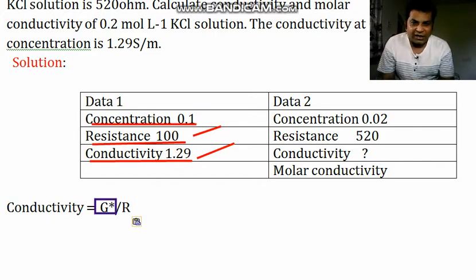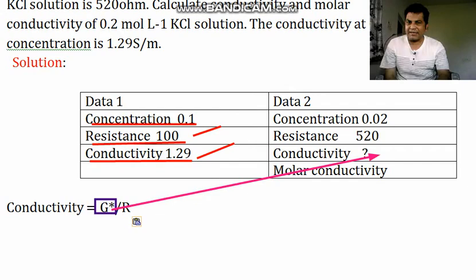Cell constant. Afterwards we will use this cell constant to find out the conductivity. You get it? So if you got this idea, then come on, let's calculate first.